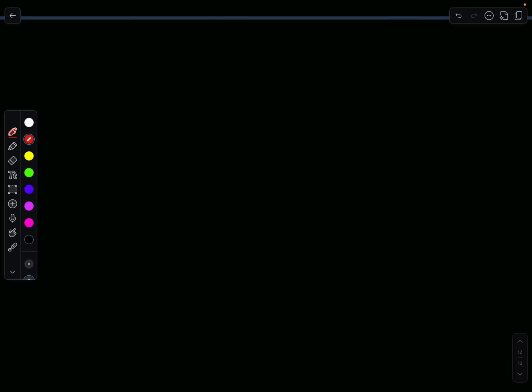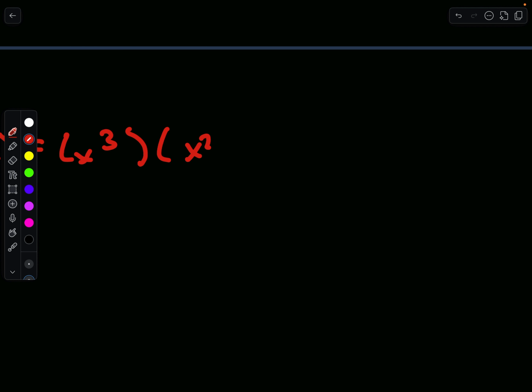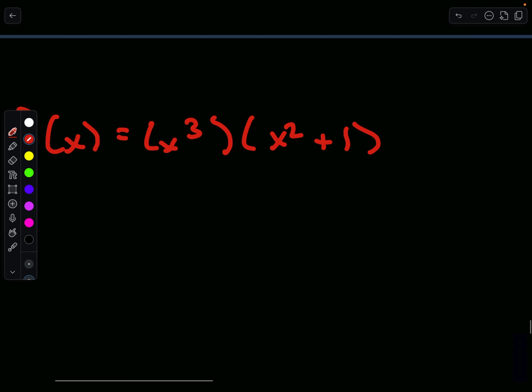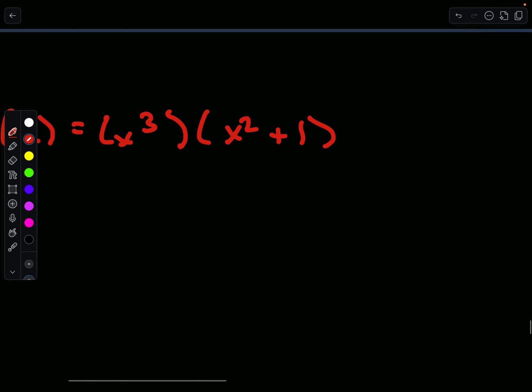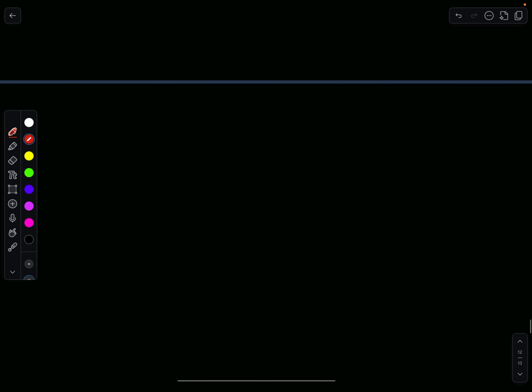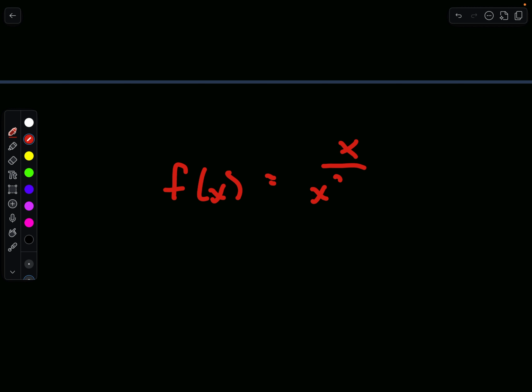Let's say we have f of x equals x cubed times (x squared plus 1). Now you could either simplify or you could use the product rule here. Another one would be f of x equals x over (x squared plus 1).